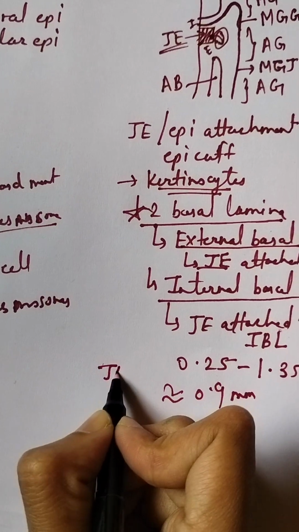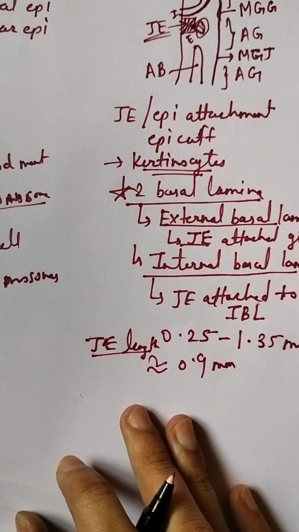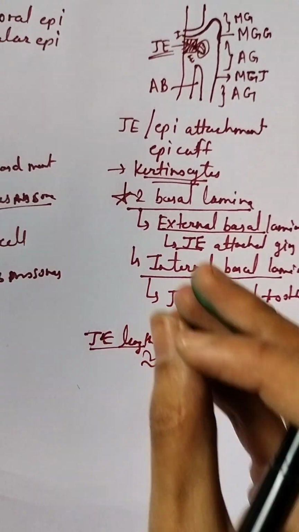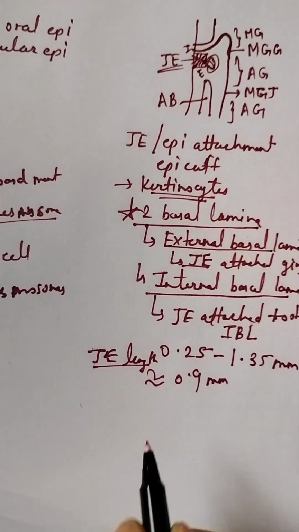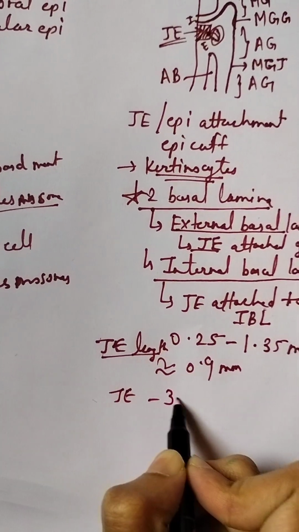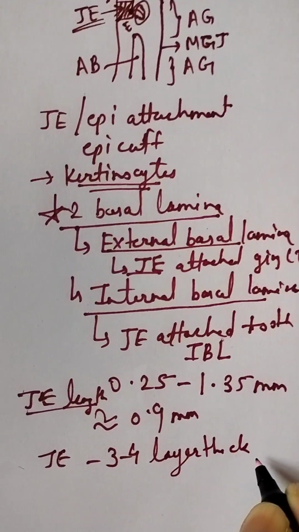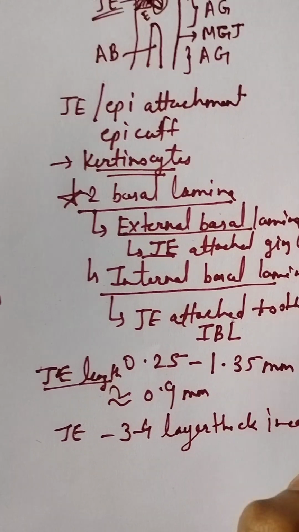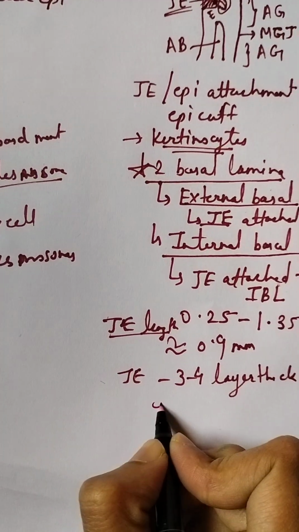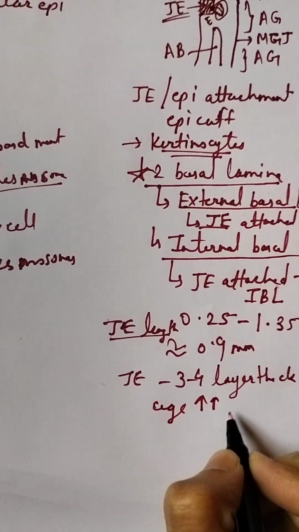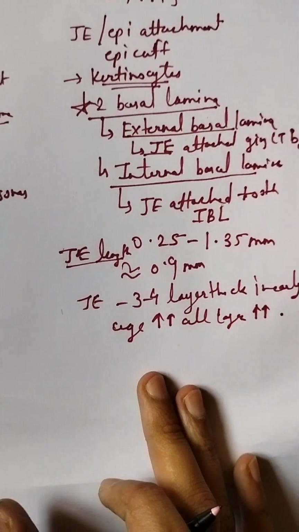Another point: the junctional epithelium is 3 to 4 layers thick in early life. As age increases, the cell layers of the junctional epithelium also increase.